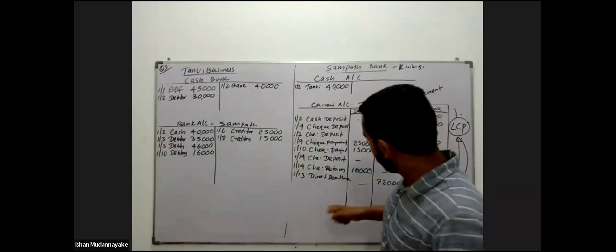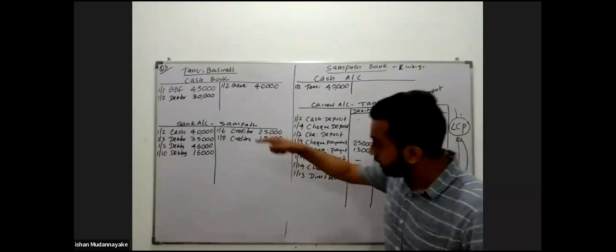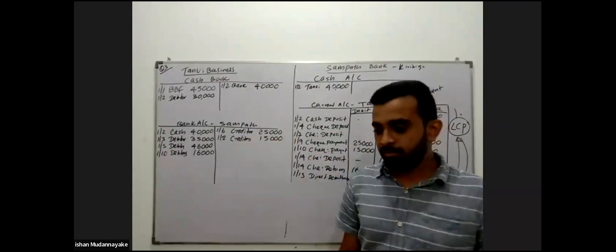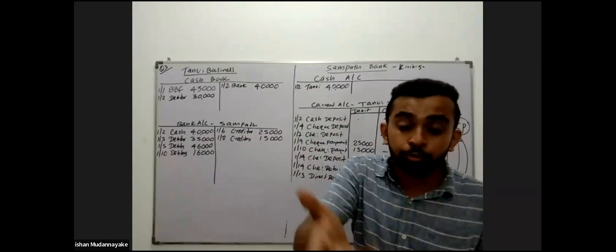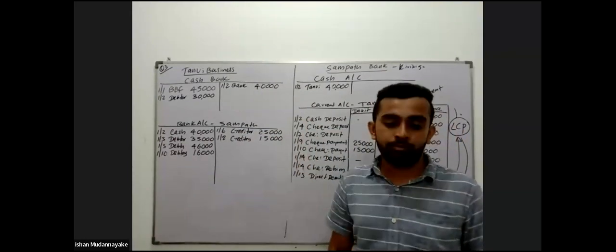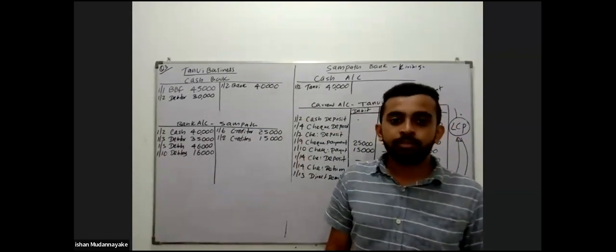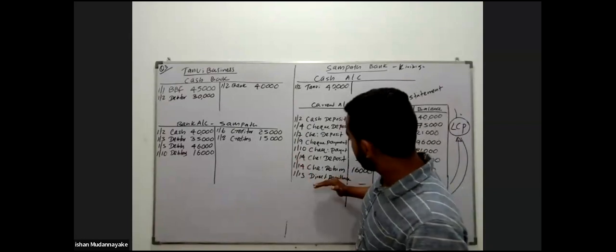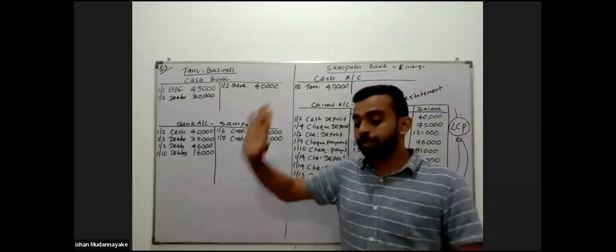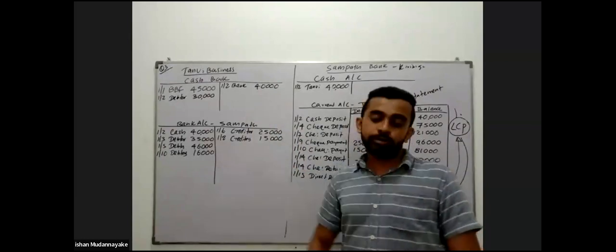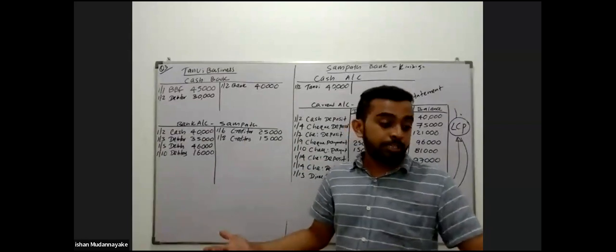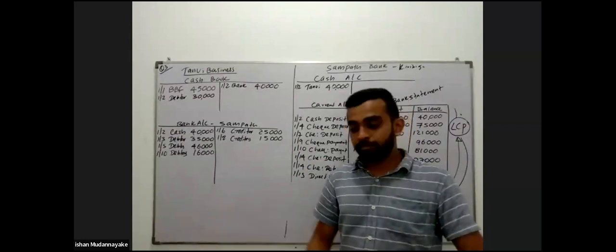If you recorded this direct remittance now in the bank account, you can't prepare the adjusted bank account, but the examiner expects you to draw the adjusted bank account. Therefore, don't write down this direct remittance in the bank account right now. Later we will record it.